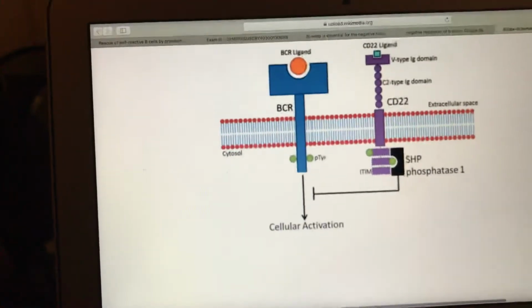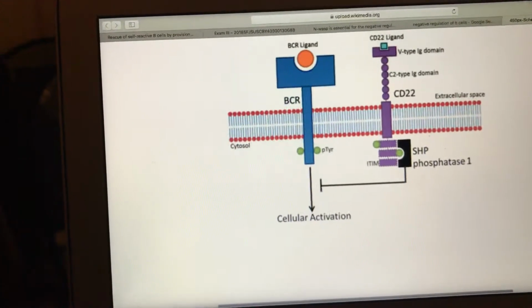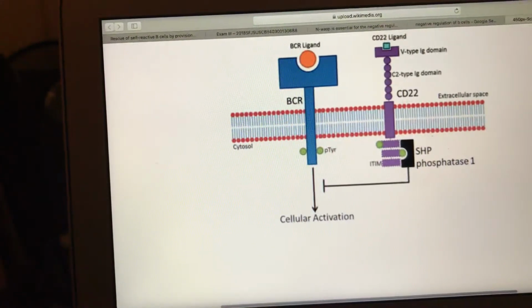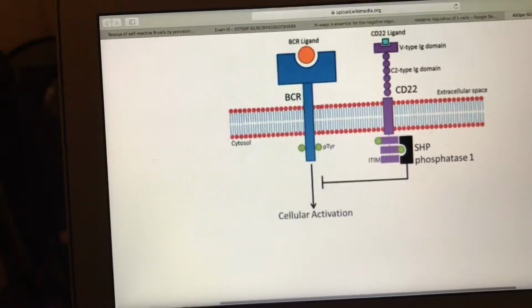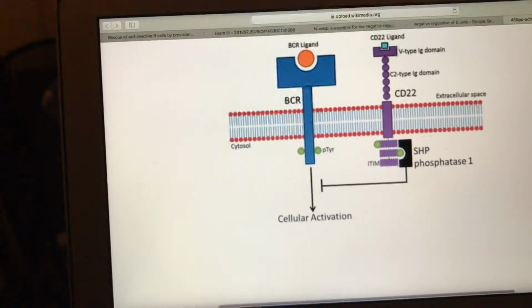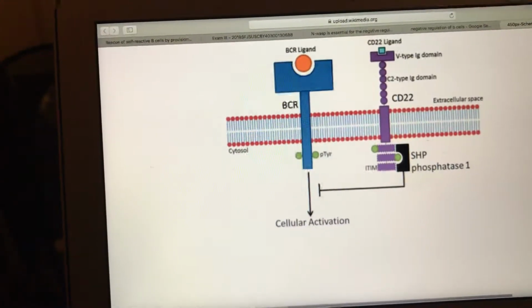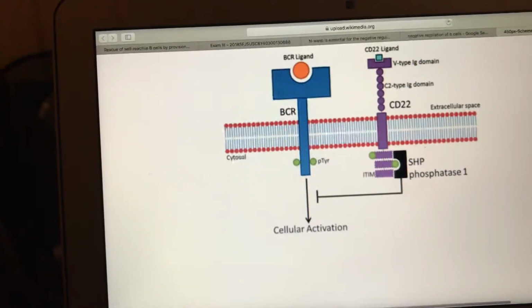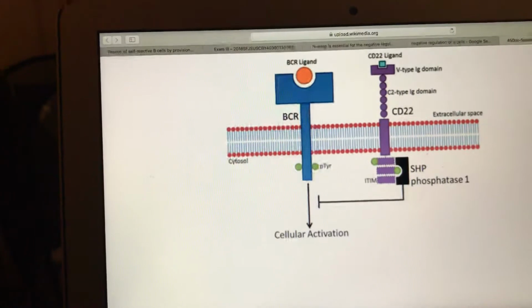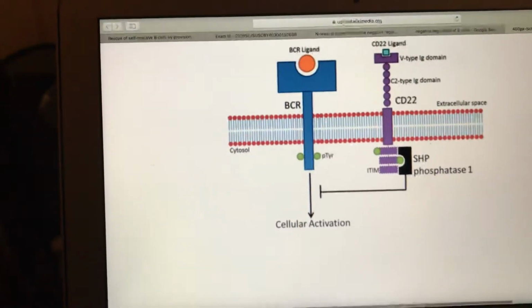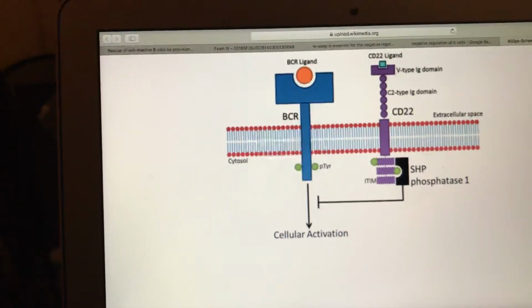So they have negative regulation by the co-receptors CD22, CD72, and CD5, which you're going to see right here in this image of cellular activation.